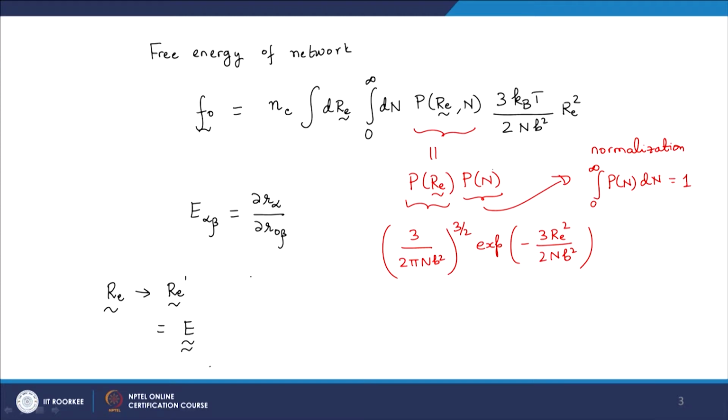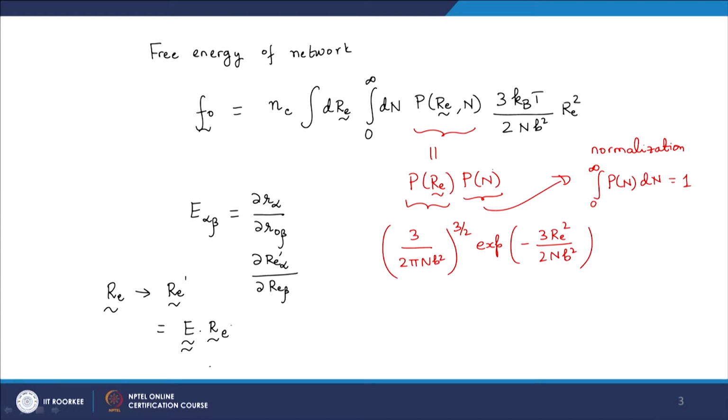So, we can do the same thing here. In this case, we will have something like RE prime alpha and RE beta, where RE refers to the reference state, and this becomes E dot RE.